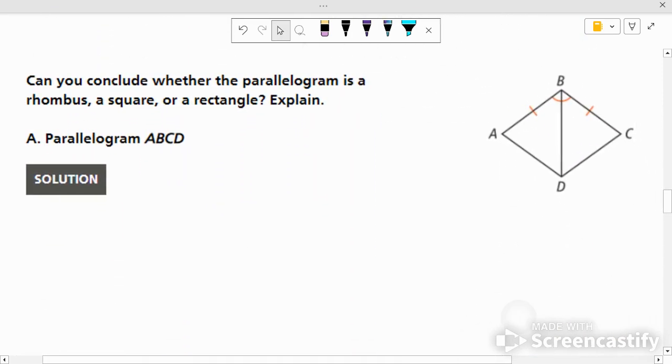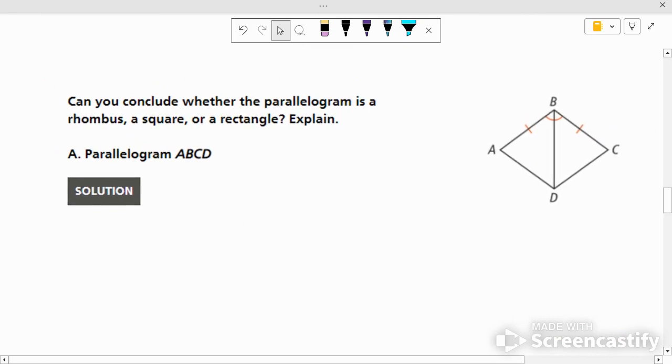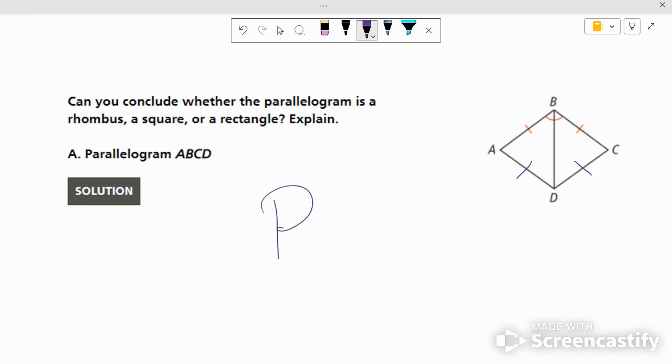So what they want to know is, what is this? Is it a rhombus, a square, a rectangle, or what? Well, we know this is congruent to this, and we're told it is a parallelogram. So in parallelograms, opposite sides are congruent, and diagonals are bisected, so it makes it a rhombus.